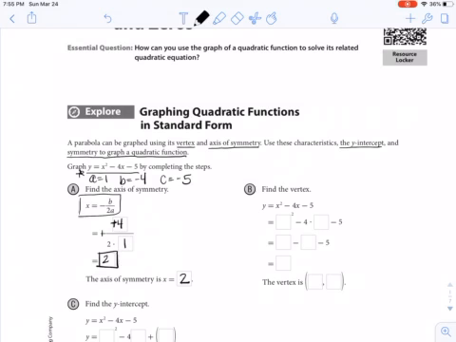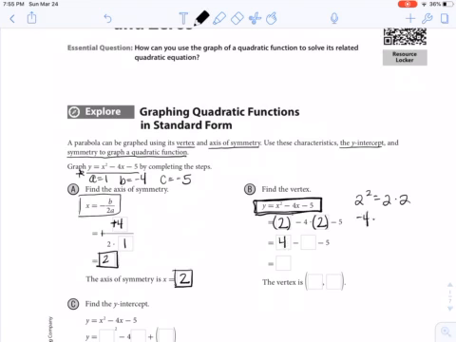So now we're going to find the vertex, and what we're going to do is plug our axis of symmetry into our original quadratic function. And so we're going to have 2 squared minus 4 times 2, right? Because remember, this is x, minus 5. So 2 squared is just going to be 2 times 2, and that gives us 4.